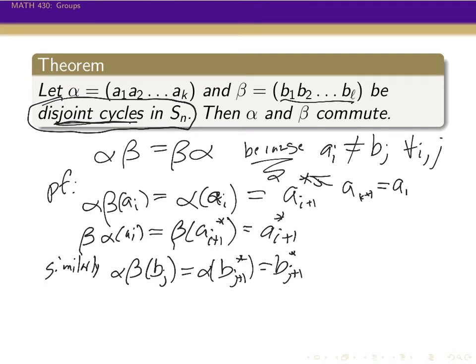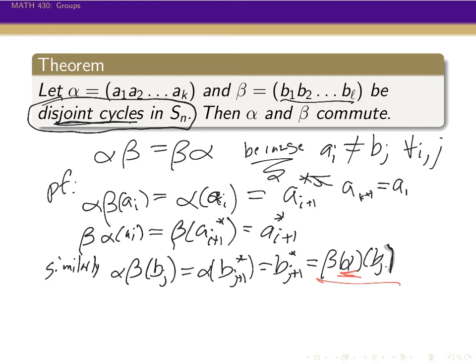On the other hand, this is the same thing we would get if we did beta alpha onto b_j, excuse me. Again, alpha is not going to do anything because b_j doesn't appear in its cycle, and so this is just going to be b_{j+1}, and we're done.